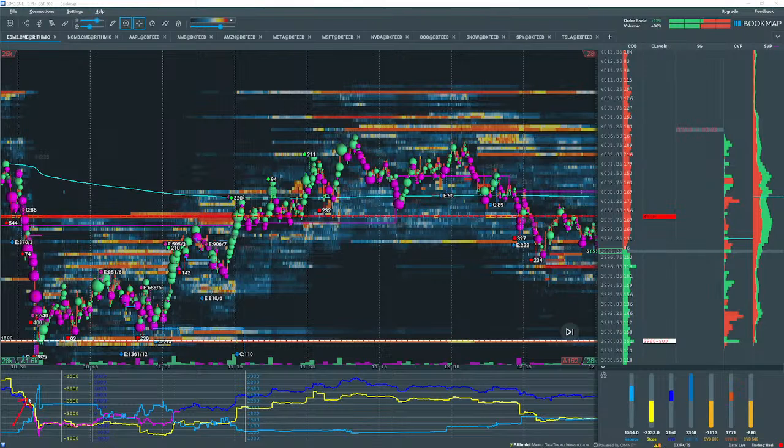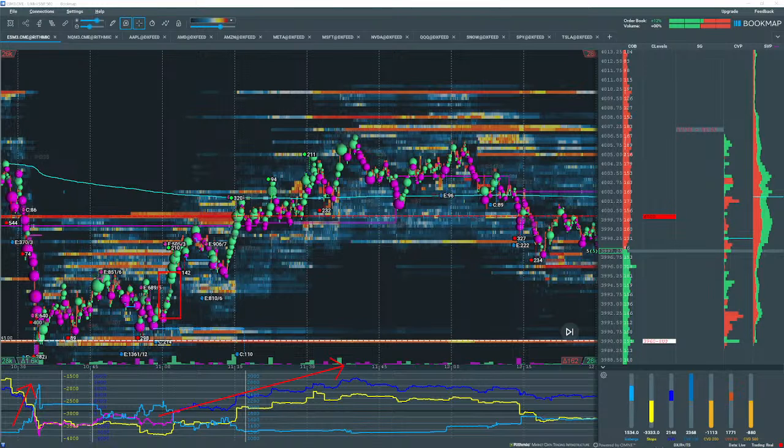So we saw the jump in iceberg orders, and now after one retest of the 3960 level, order flow finally shifts positive. Rising CVD, cumulative volume delta, making for a good long setup.